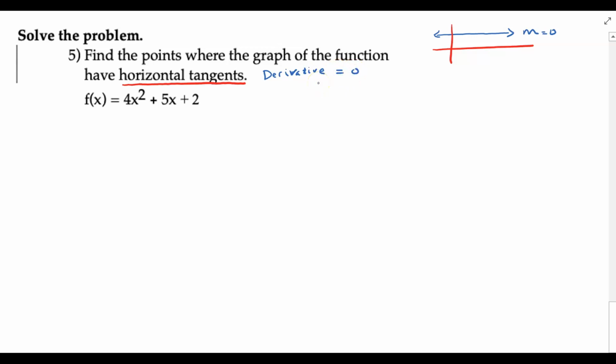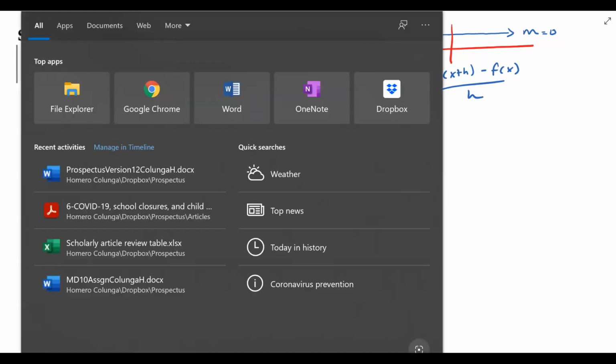So what we're going to do is use the limit of the difference quotient. We don't know exactly where this is going to occur, so we're not going to look for a particular point. We're going to use some arbitrary variable x.